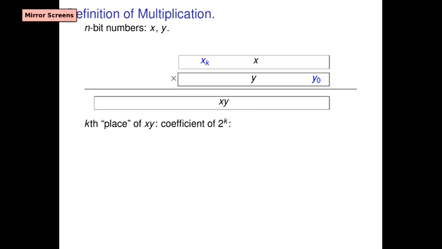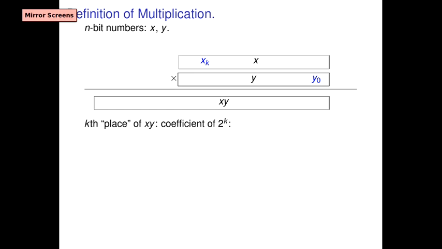So this is the same thing. Here, this y0 is in the ones place, so that's y0 times 2 to the 0. 2 to the 0 is 1, right? That's what that y0 means. Remember all those squares you did in elementary school? This is sort of like that, okay? And xk is in the kth place, which is 2 to the k.